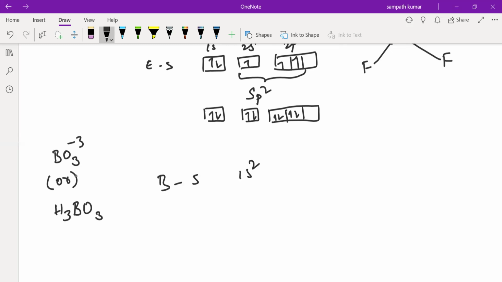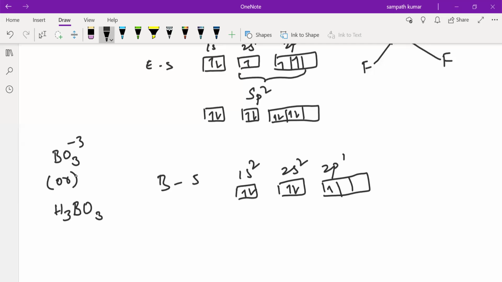What is the electronic configuration? 1s2 2s2 2p1. This is the ground state electronic configuration. And here -3 is also there.